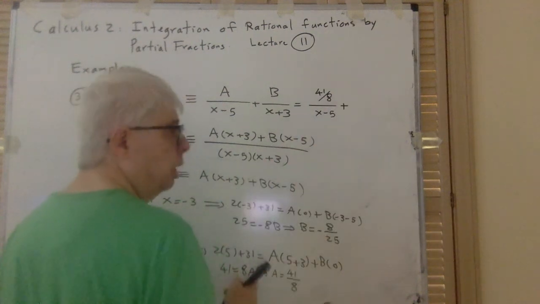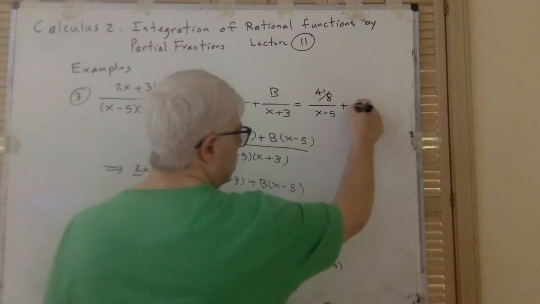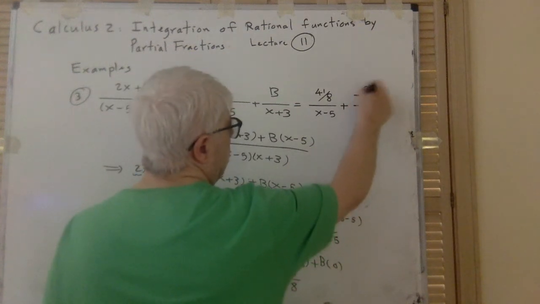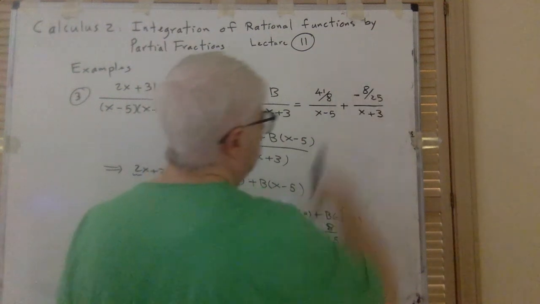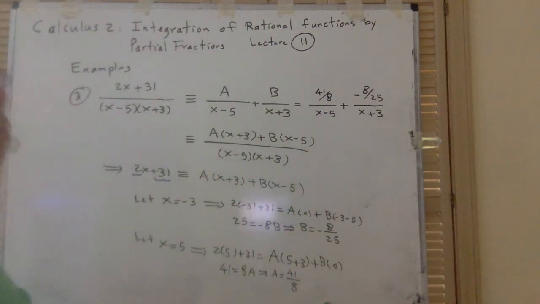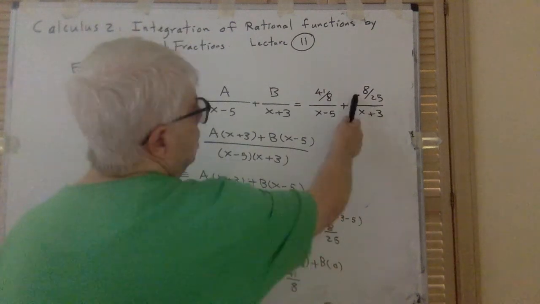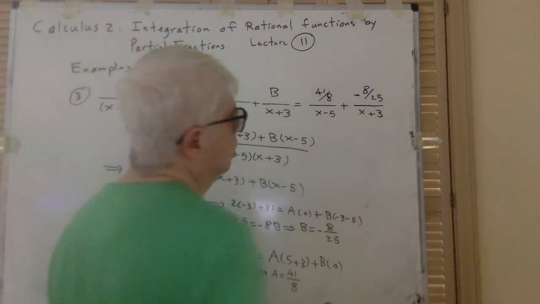Then this is minus, but that's okay, right? Plus negative 8 over 25 divided by x plus 3. Don't write it as 8 over 25 times x plus 3, okay? Write it like this. And if this is negative, don't put the negative in the denominator, put it in the numerator.